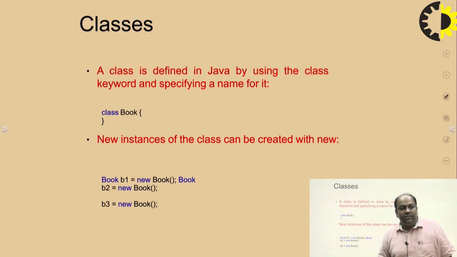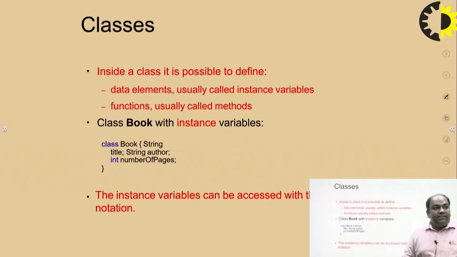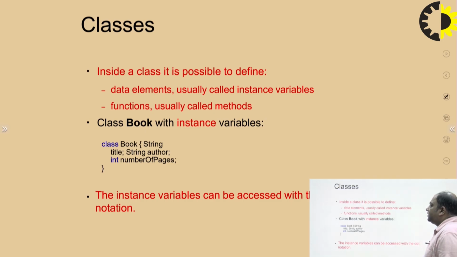So what are classes? Basically, a class is defined in Java by using the class keyword, and we give it a name. We can also create a new instance of the class, which is created with the new keyword. Inside a class, it is possible to define data elements, instance variables, methods, and functions. We define all of these inside a class.